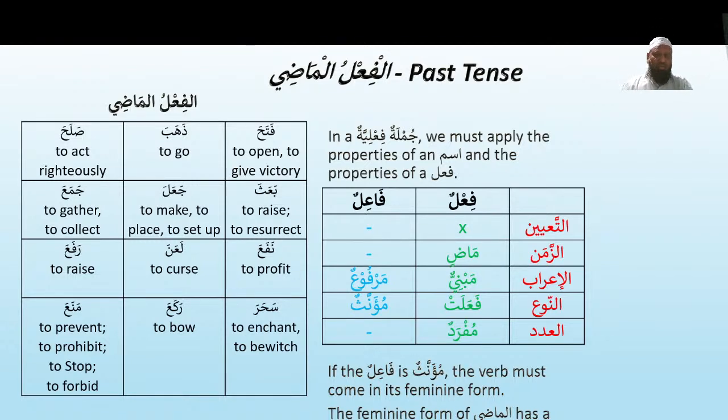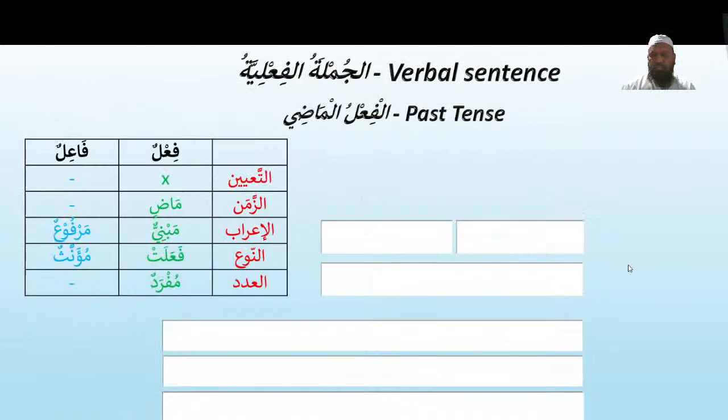We'll be starting with a فعل ماضي in feminine form because we already know the فاعل will be مؤنث. Here we have the small chart. It will help us apply the rules of الجملة الفعلية وفعل الماضي.